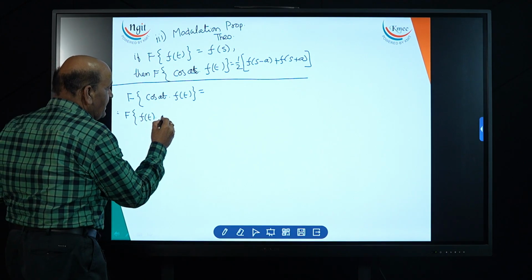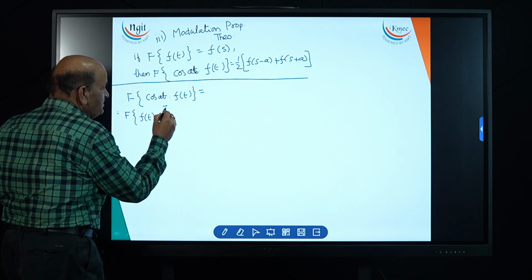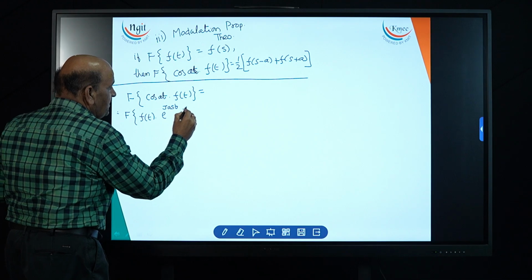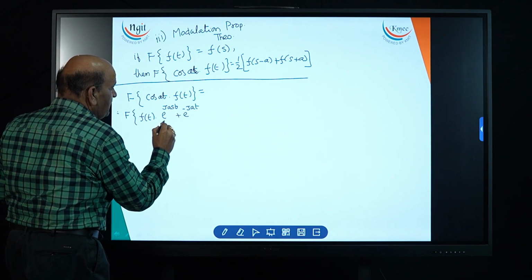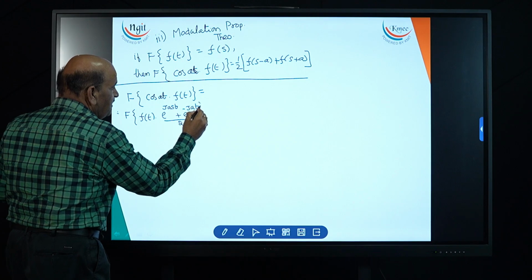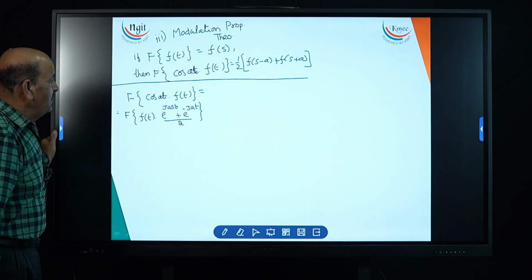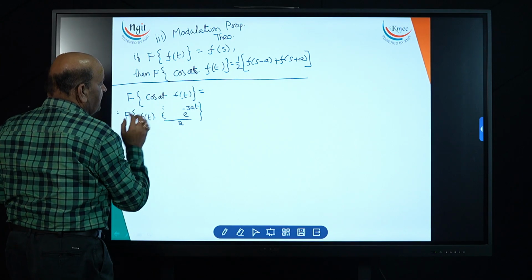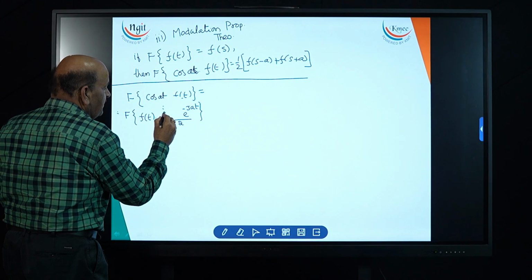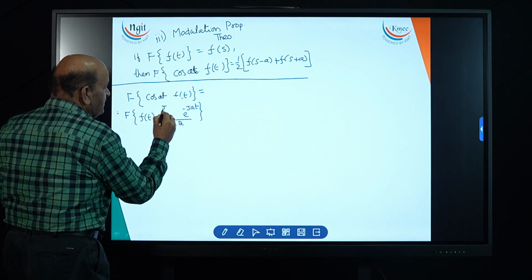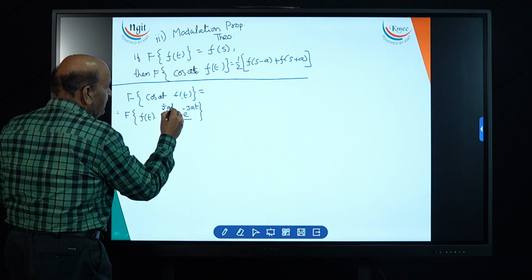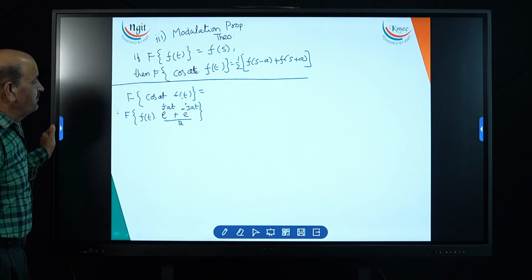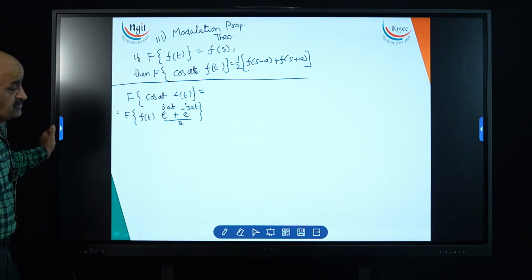Cos at, by using Euler's formula, can be written as e power j a t plus e power minus j a t, divided by 2.